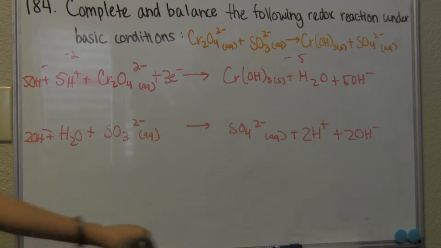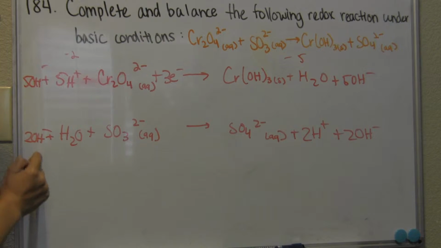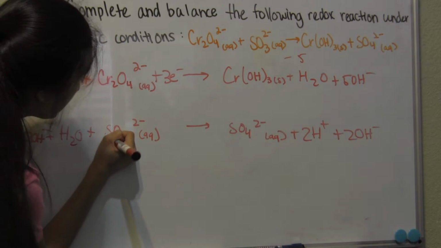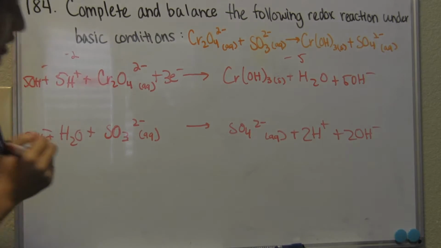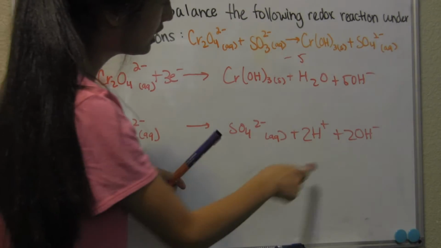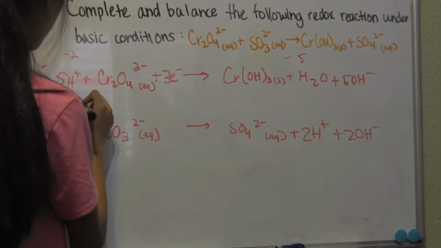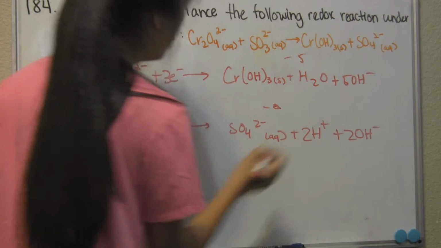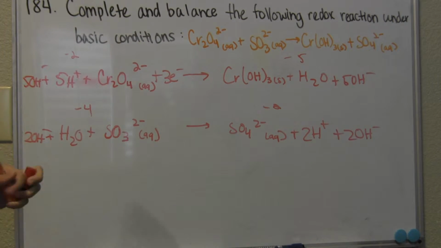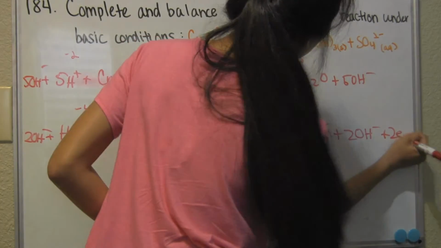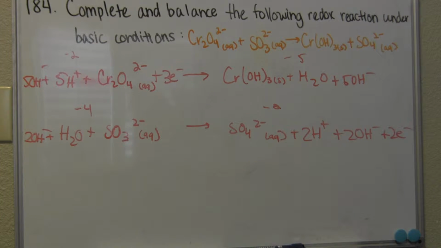So from here we can see on this side it's -4. On the other side we have 2-, then +2 and another 2-, so on this side we have -4 and on this side we have -2. So this one's losing electrons, so this one is going to have 2 electrons on the product side.